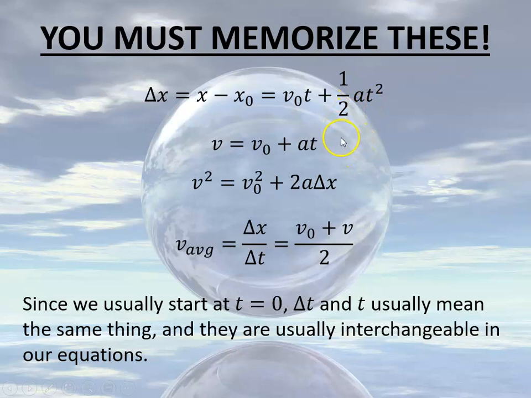Now, with a little bit of algebraic trickery, you can solve this second equation in terms of t and plug it back into the t in the first equation and rearrange. And after you have rearranged, you will obtain that v squared is equal to v naught squared plus 2a delta x. In other words, final velocity squared equals initial velocity squared plus 2a delta x.